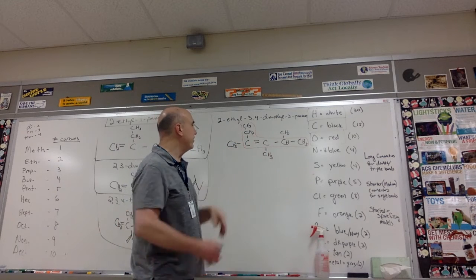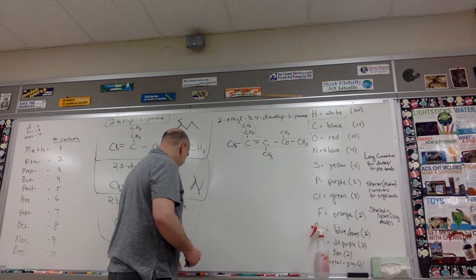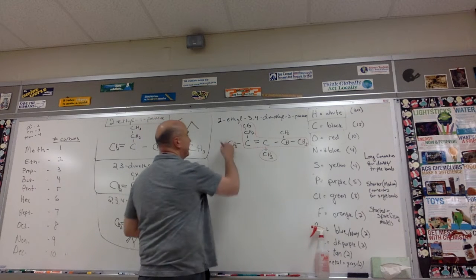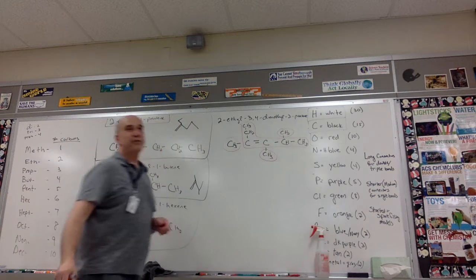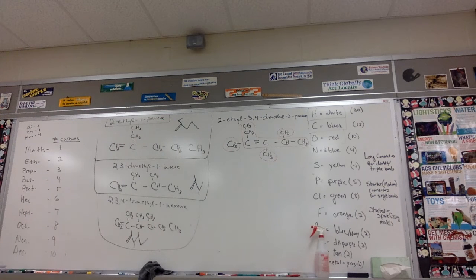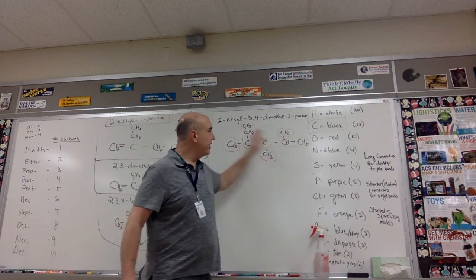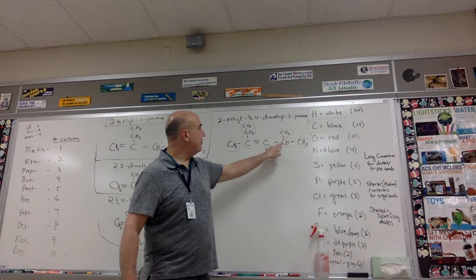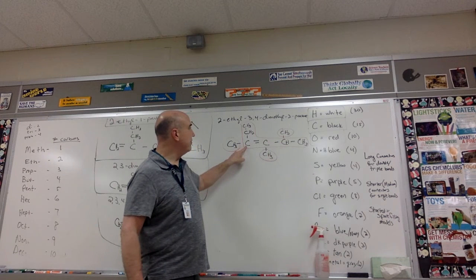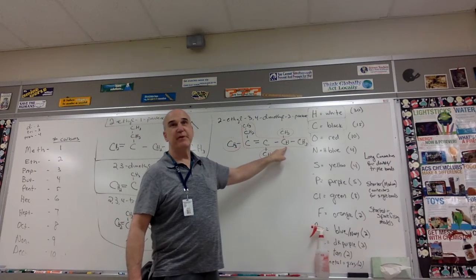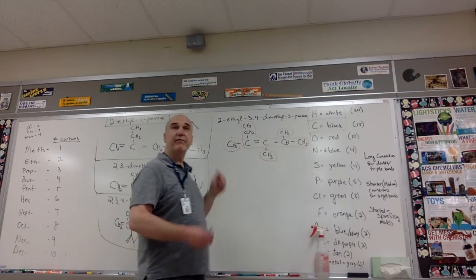Or actually, it's 3 methyls. I'm sorry, it's 3 methyls. There's our 3 methyl groups. So go with me. If I number right to left, my methyl groups are off my second, third, and fourth carbon. If I go left to right, they're off my third, fourth, and fifth carbon. So I want to go right to left.